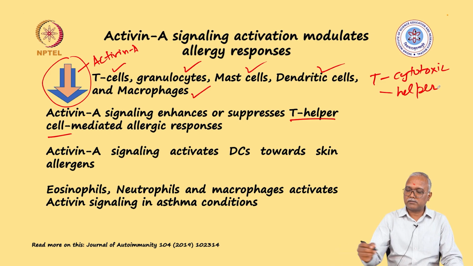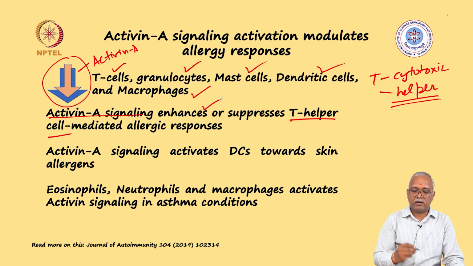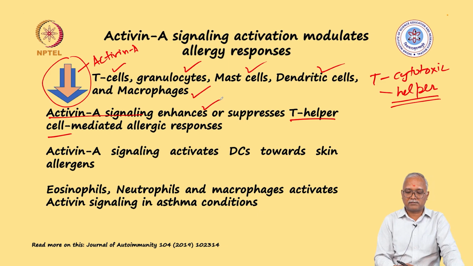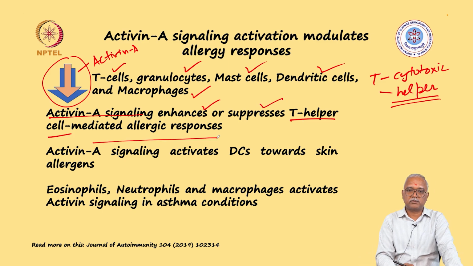Cytotoxic T cells will directly be involved in clearance of the pathogen or allergen, but T helper cells will be mediating the allergic responses. So when activin signaling is enhanced, depending on the allergen type and cell type, it may enhance or suppress the T helper mediated allergic responses.